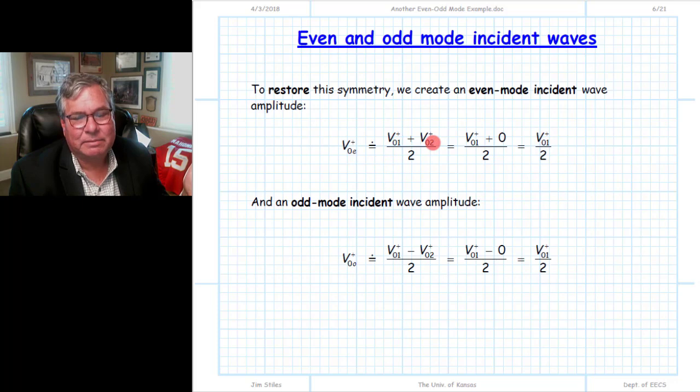Take the sum of the two complex wave amplitudes for the two incident waves, one being non-zero, the other one being zero, and add them together and divide by 2. The odd mode complex wave amplitude then is the difference between those two wave amplitudes divided by 2. And once again, since this is 0, we get a situation where both the even mode and odd mode have the same value, which is simply the original wave amplitude divided by 2.